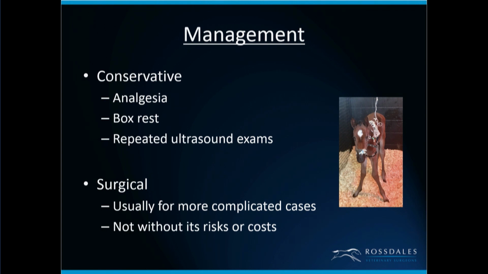Foals treated surgically are usually referred for more complicated cases. It's not without its risks or costs, but these are foals that often are not responding to conservative treatment, or foals that have much more serious secondary issues, such as pleural effusion or pericardial effusion.